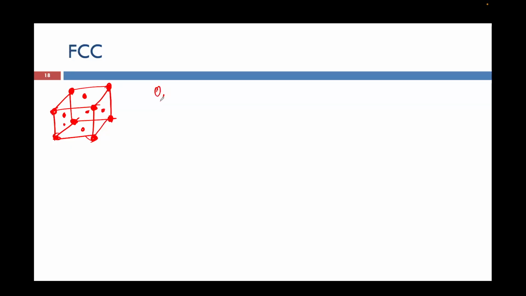One will be 0, 0, 0, right? Another one will be sitting at half, 0, half; 0, half, half; and half, half, 0.